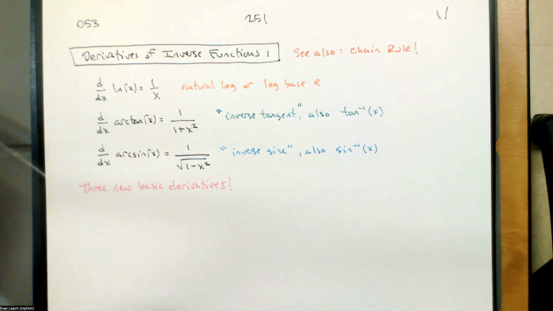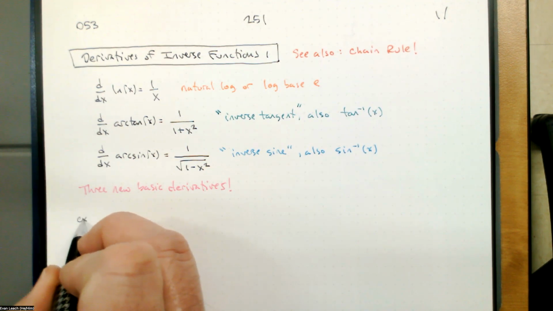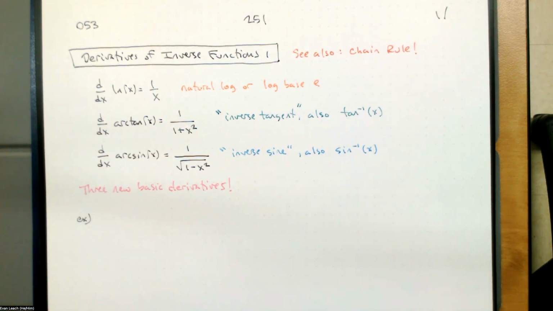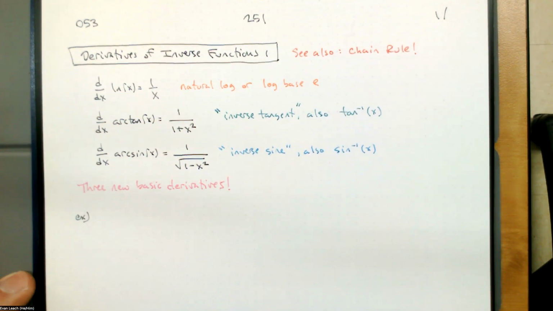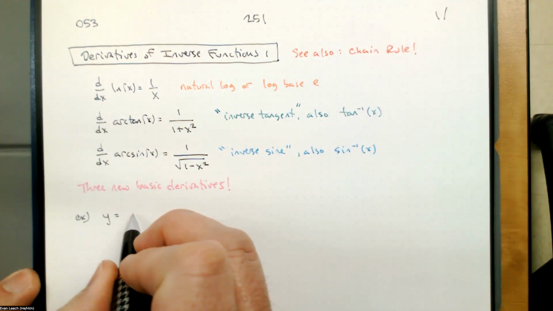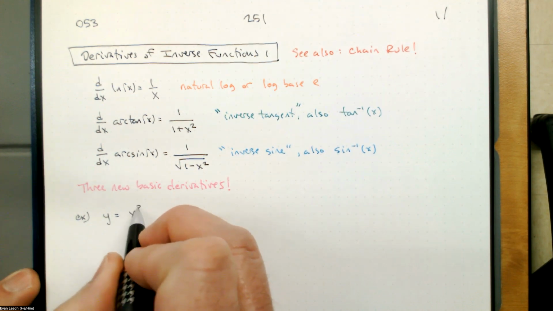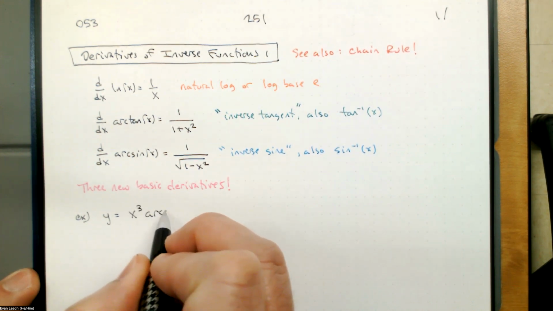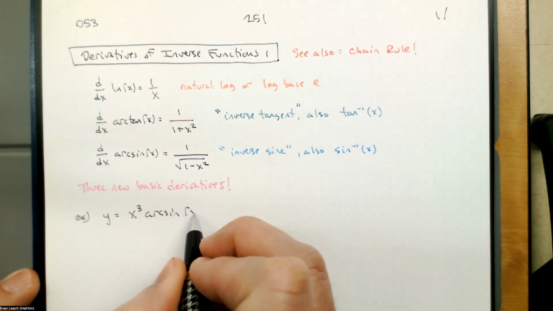So for example, if I had a function, let's say y is equal to x to the third arc sine of x.